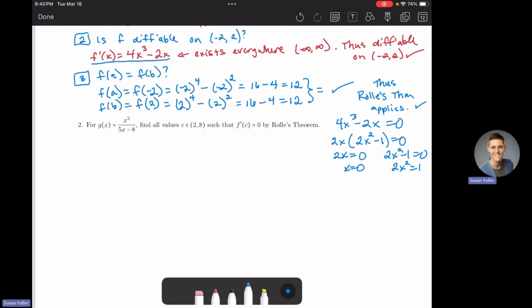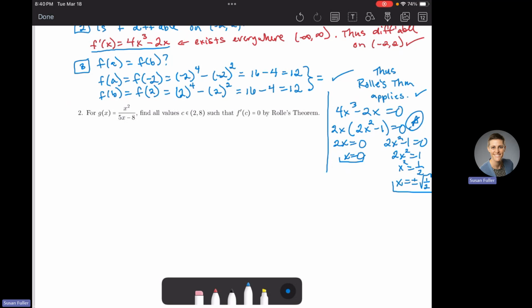And now we're actually going to do this for another one. So again, for g of x equals x squared over 5x minus 8, I want to find all values in 2 to 8, that's my interval, such that g prime of c equals 0 by Rolle's theorem. So again, before we can apply Rolle's theorem, we have to make sure it applies.